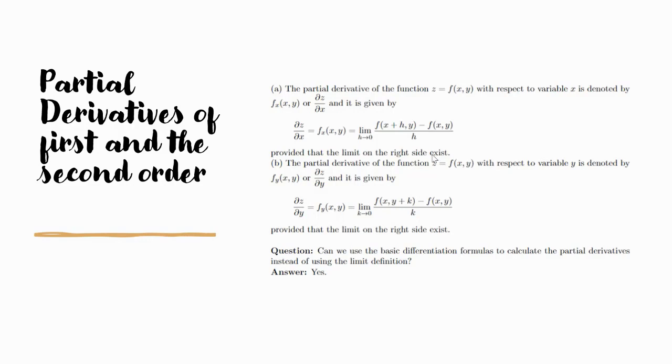And if you're doing fy, you want to treat x as a number. And then to find fxx, you will use your fx, where you find the partial derivative with respect to x. And then for fyy, you'll do the same thing, but with fy.